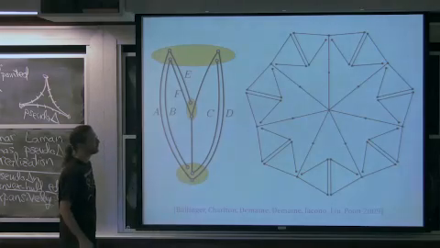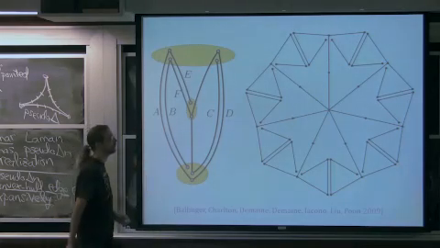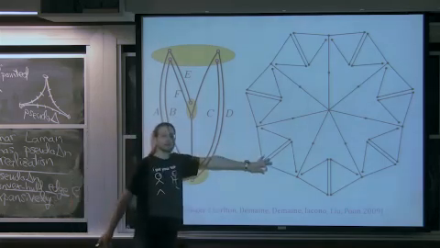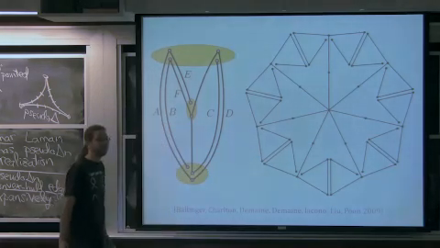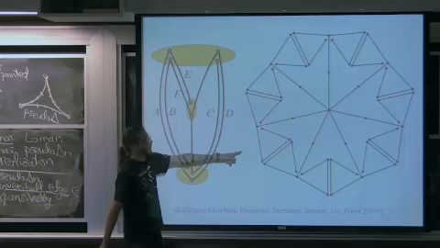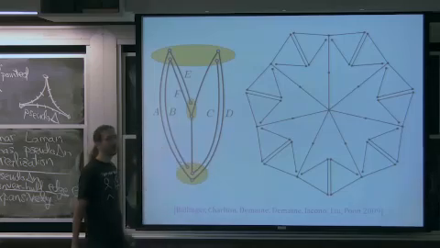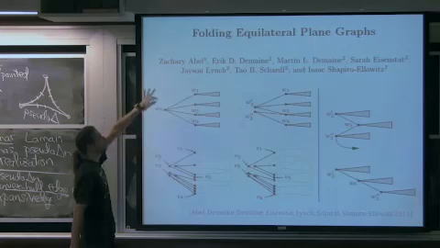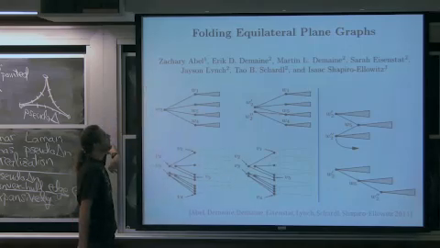I didn't mention this question, but an obvious open question is, can you get both at the same time? Is there a linear equilateral locked tree? If there were, it would probably be a lot easier to prove locked than this mess. So it'd be nice to get both, but in fact, you cannot get both. There's this paper by a bunch of people in the open problem session from 2 years ago.